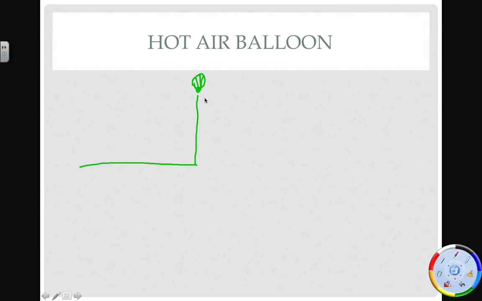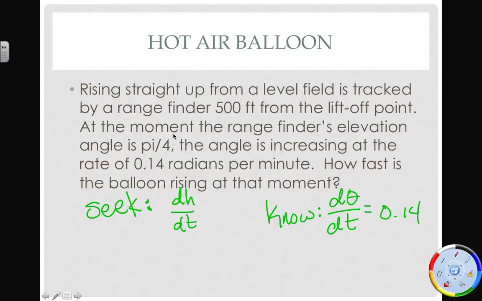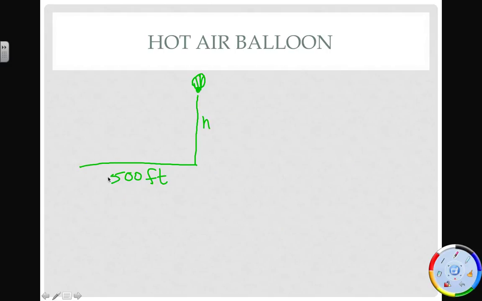This is some height off the ground, and this is 500 feet away. We're dealing with feet, good. And there's somebody down here looking at the balloon with a rangefinder, and his angle of elevation, which is this, is pi fourths.